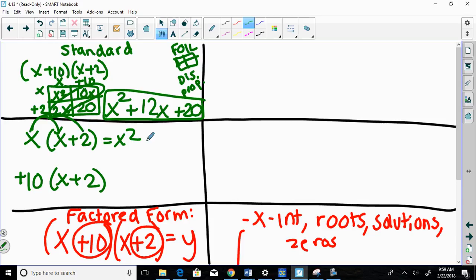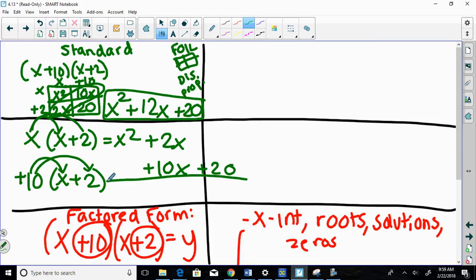X times 2? 2x. 10 times x? 10x. And 10 times 2? 20. Then you combine like terms, so it would be x squared plus 12x plus 20. You get the same answer however you want to do it. That's when we're going from factored to standard form, multiplying polynomials.